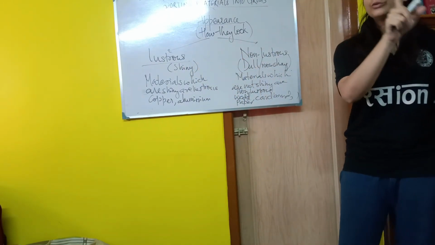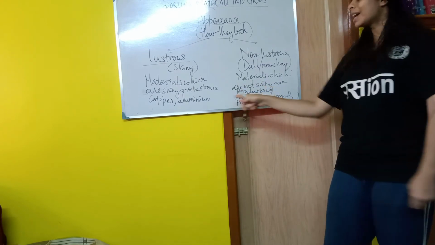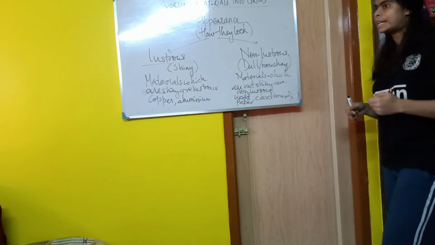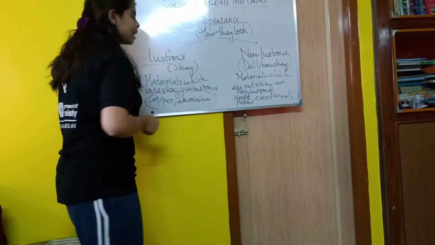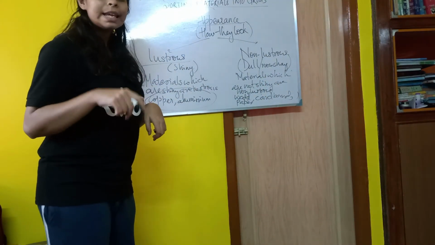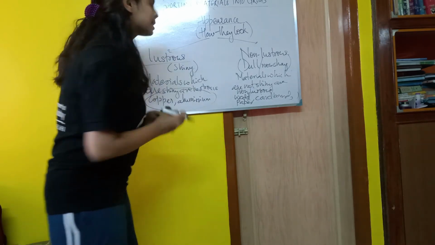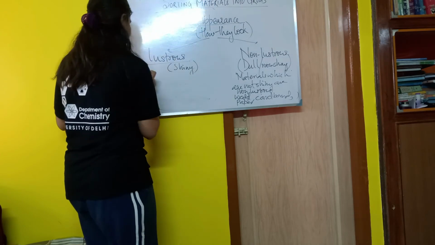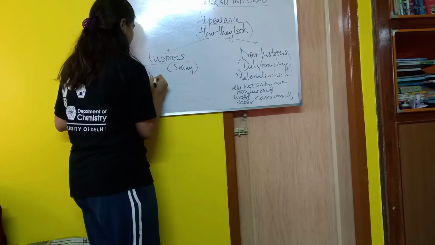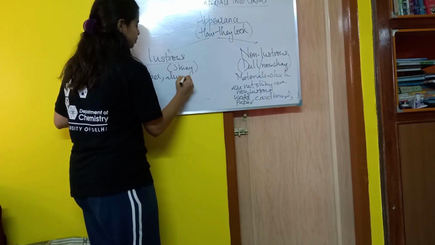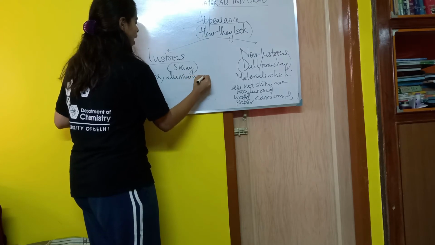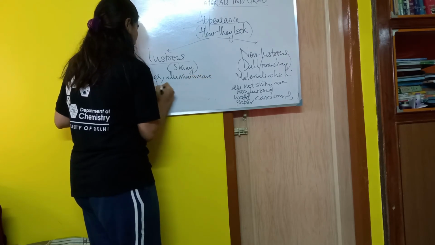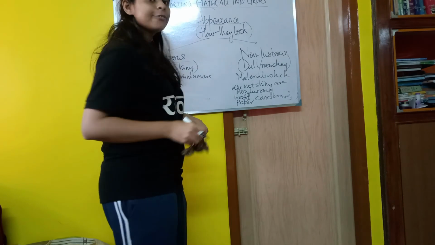There is one more thing: do you know what copper and aluminium are called? They are called metals. What are they called? They are called metals. That means copper and aluminium are metals. And do you know what property they have?